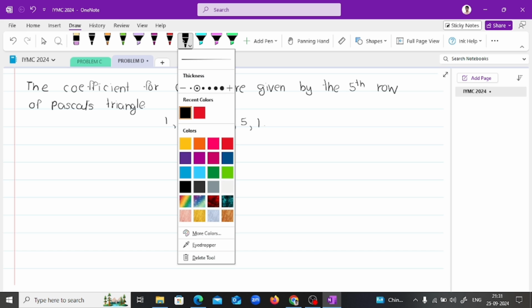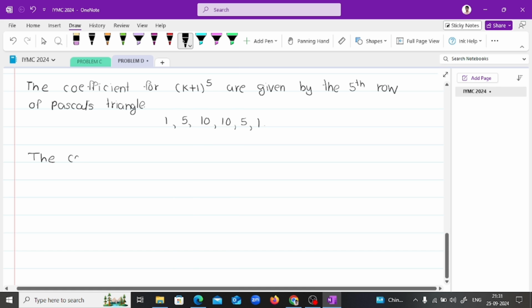Each coefficient corresponds to a term in the binomial expansion of k plus 1 raised to 5.